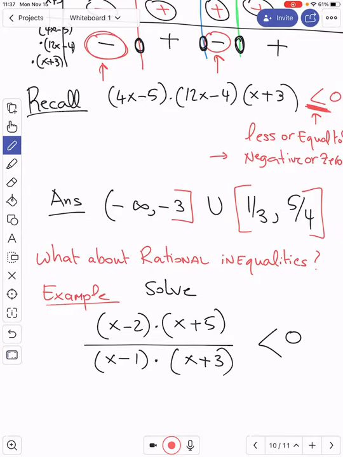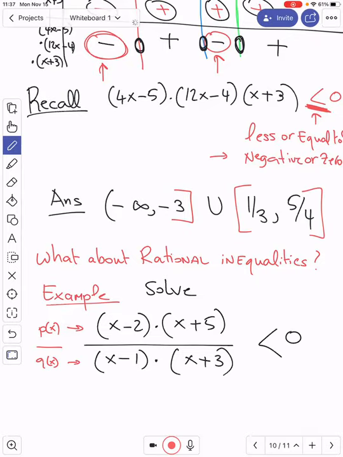This is a rational expression because it's a quotient of polynomials, with p of x on top and q of x on the bottom, so it's p over q. This is exactly the definition of a rational function: a quotient of polynomial functions. It's called a rational inequality because you have this rational function on the left side.